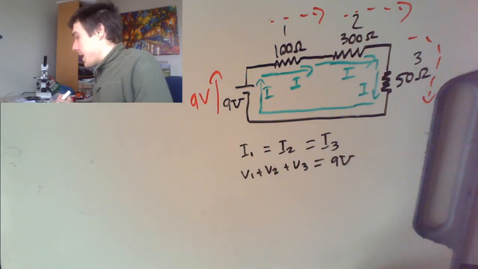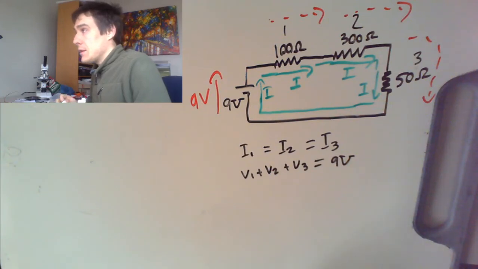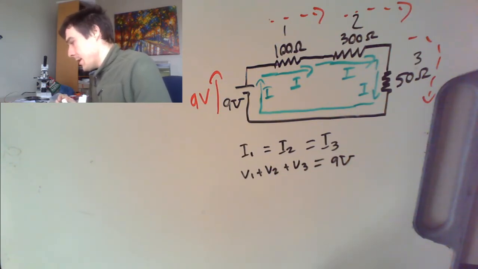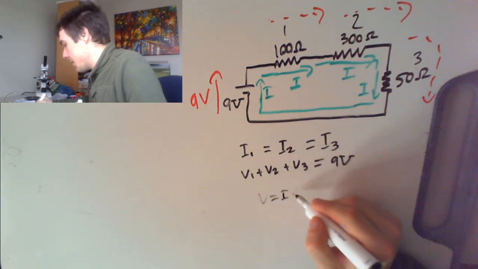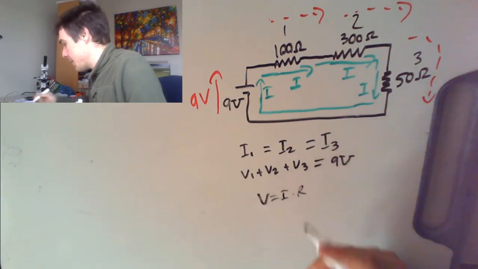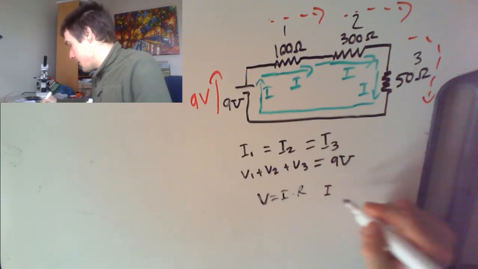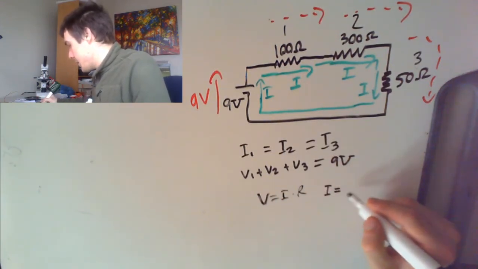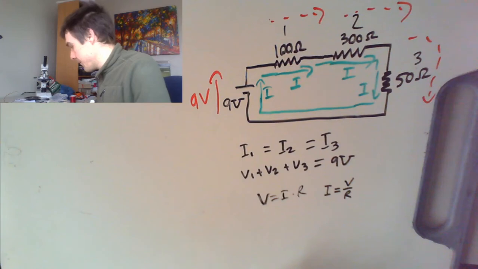So with that together, we can work out how much current is going through the circuit, because V equals IR. There's Ohm's law, V equals IR. And I then is equal to V over R. So far so good.